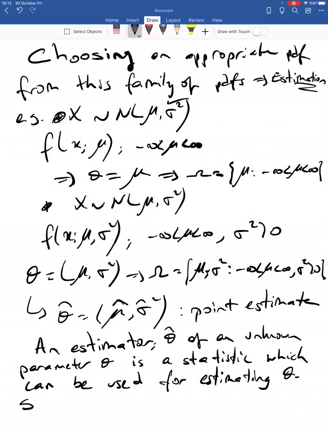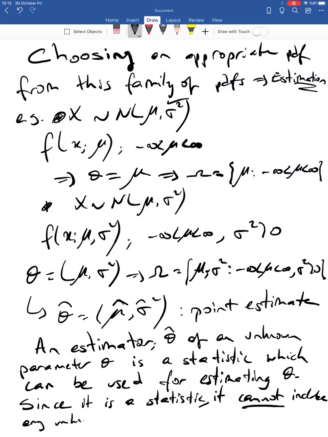Since it is a statistic, as I told you, it cannot include any unknown parameter, but its distribution may depend on an unknown parameter.